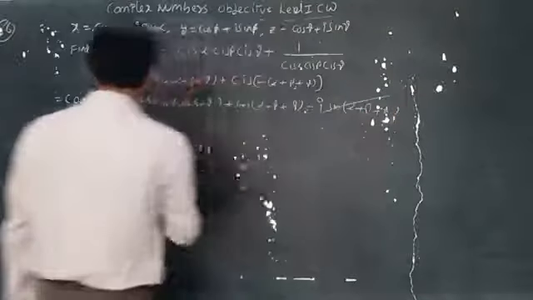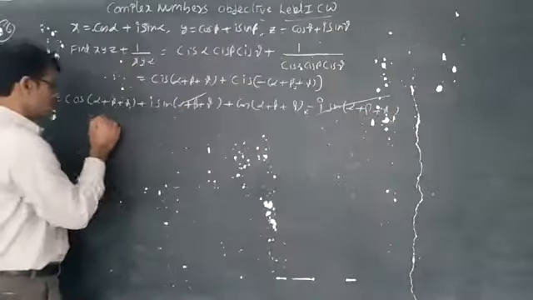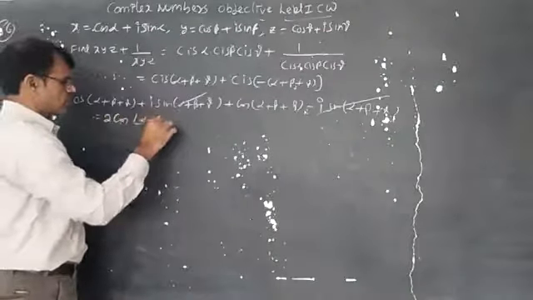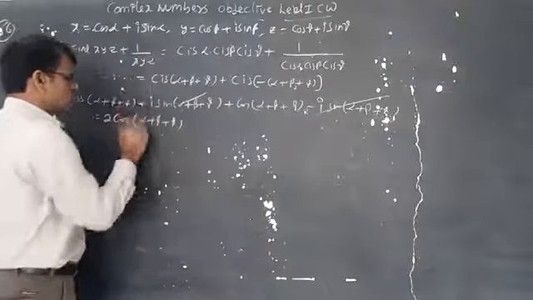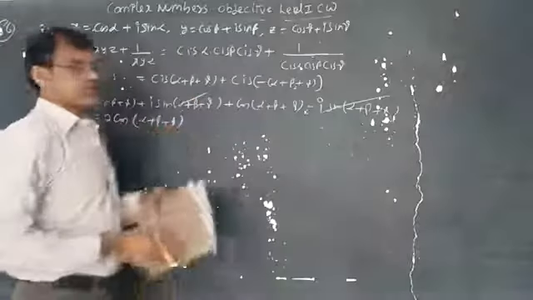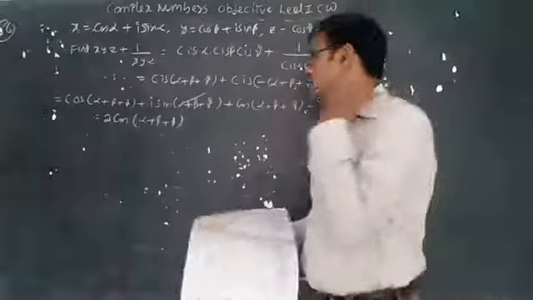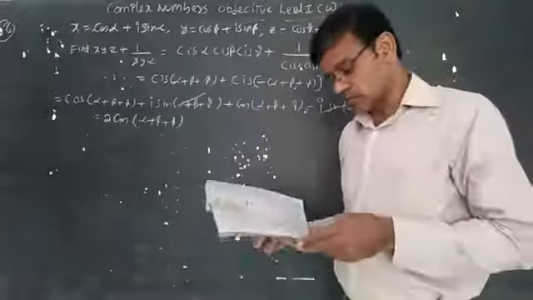So minus i and plus i get cancelled, that is equal to 2 cos of alpha plus beta plus gamma. Whenever plus is there, you will get the real part. Whenever minus is there, you will get the imaginary part between the cos alpha plus i sin alpha modulus terms.